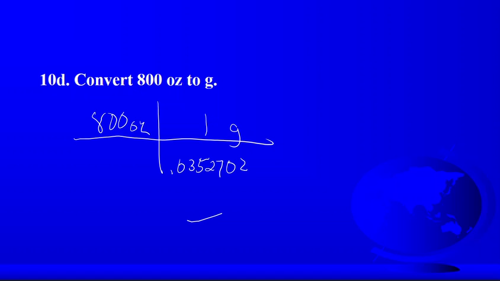Cassidy, 800 divided by 0.03527 ounces. Go, Cassidy.